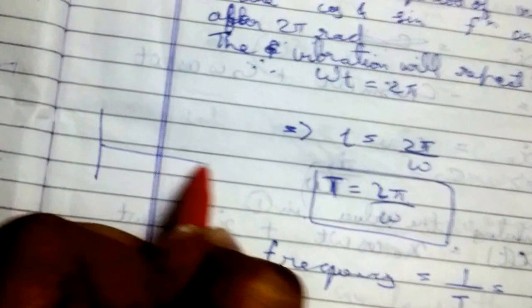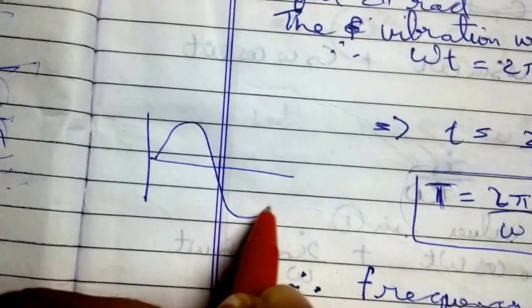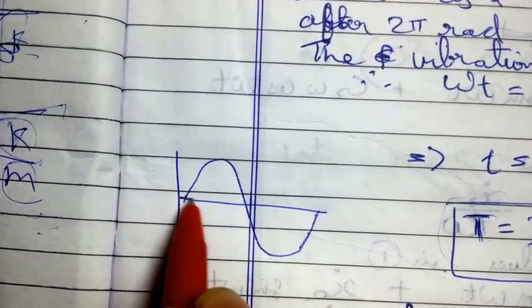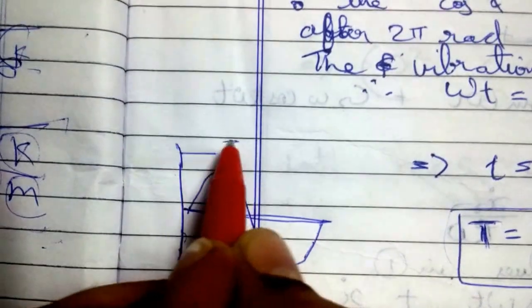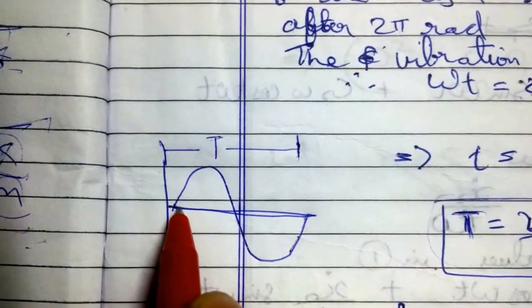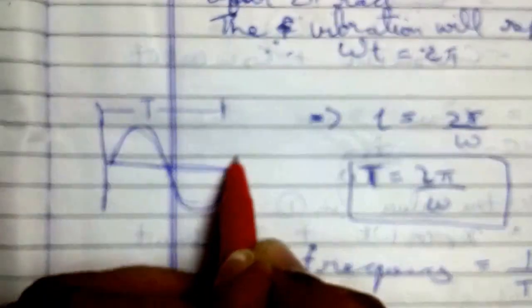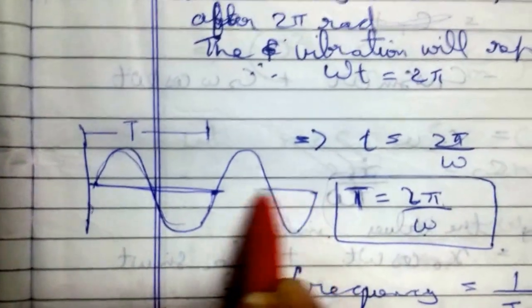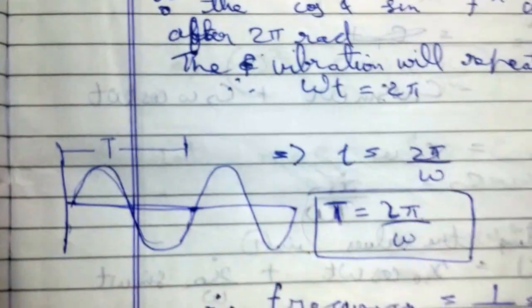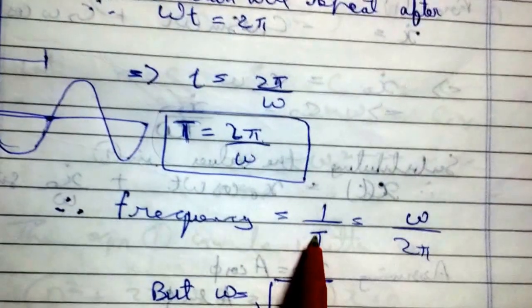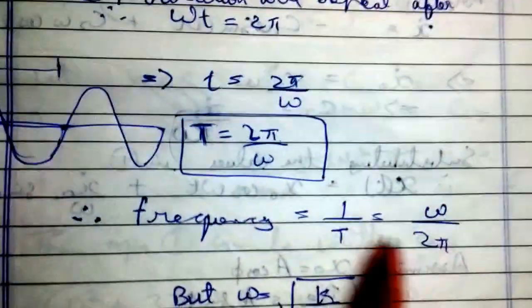This t can be shown physically as the time period, after which the system again comes back to its same position, and then it repeats itself over the rest of the time. And frequency is simply the reciprocal of time period, 1 by t equals omega by 2 pi.